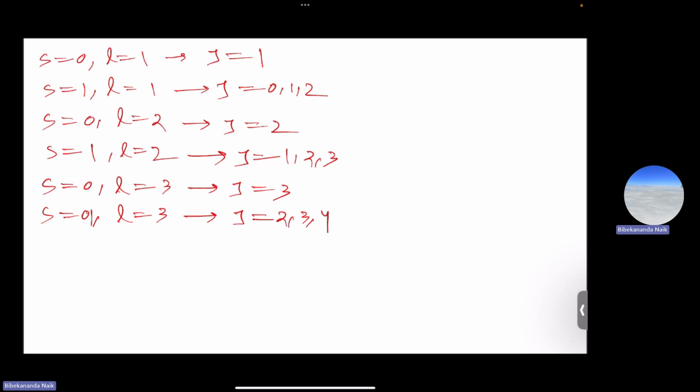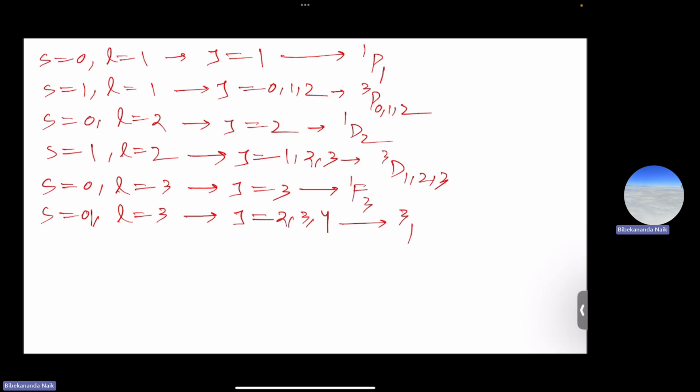So how many terms? S is 0, L is 1, J is 1. S is 0 means 2S plus 1 is 1. So this will be 1P1. Then 3P0, 1, 2. It will be 1D2. It will be 3D 1, 2, 3. It will be 1F3.